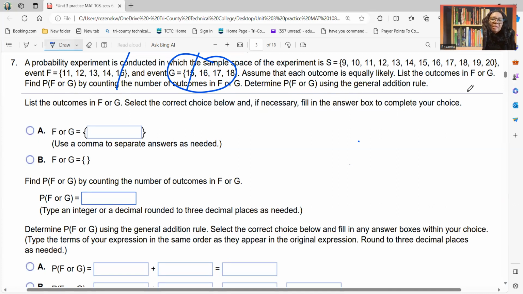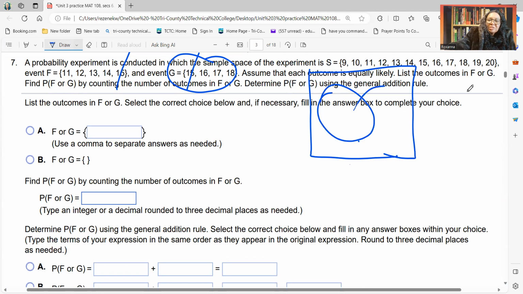So I'm about to draw a Venn diagram with two ovals intersecting each other. I will call the first one F, the second one G. The only number between F and G is 15. That is the only number in that intersection.